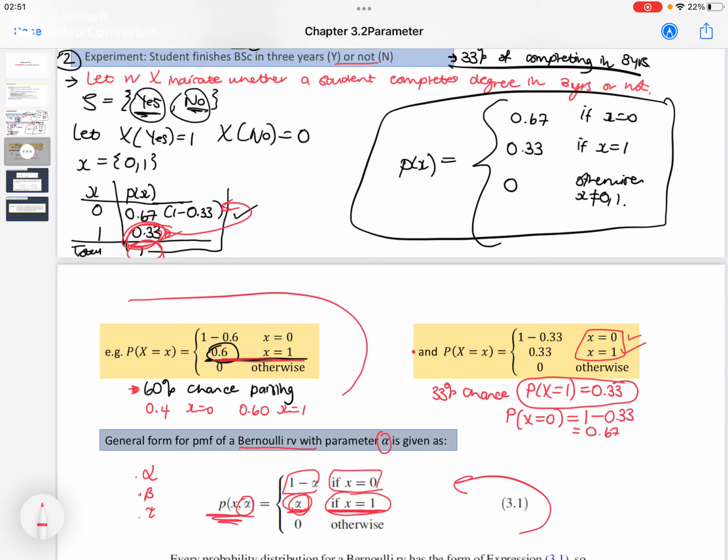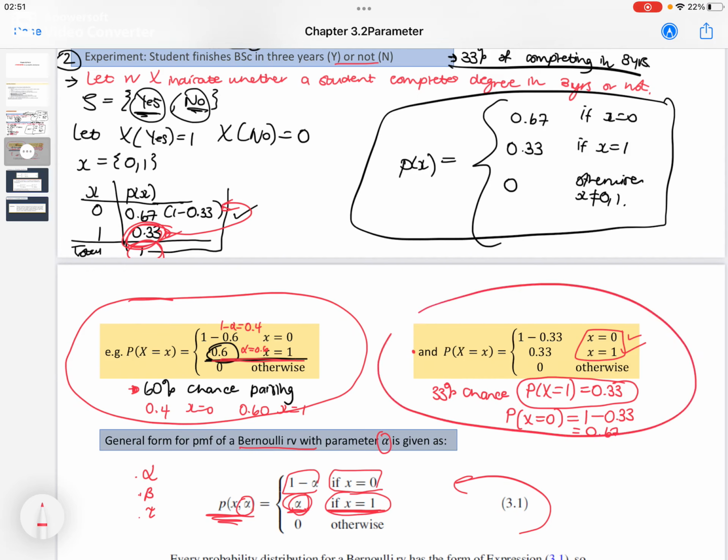Meaning here, in the PMF of the first experimental example, our alpha is equal to 0.6, and so 1 minus alpha is equal to 0.4. In the second experiment, alpha is equal to 0.33, and so 1 minus alpha is equal to 0.67.